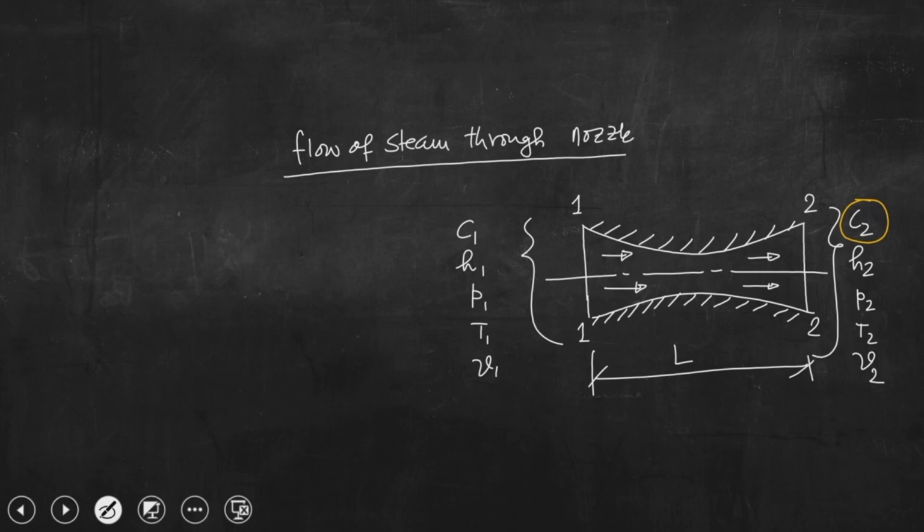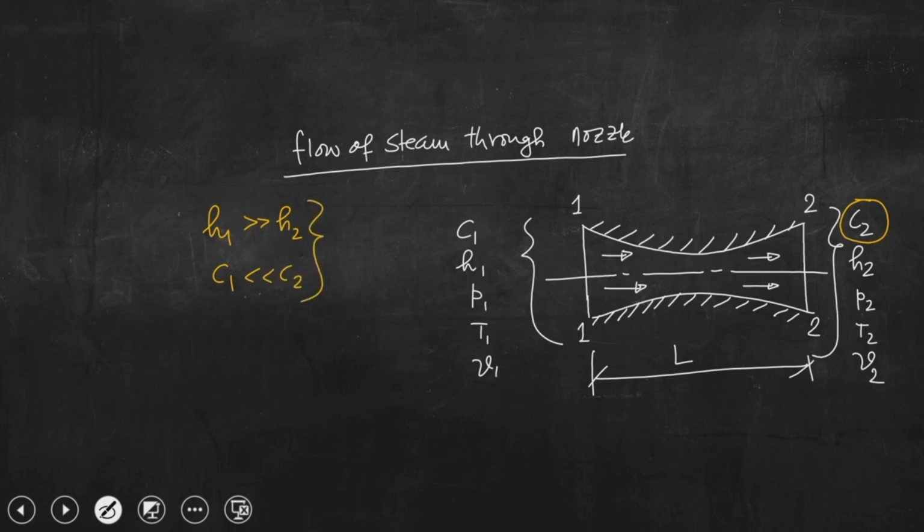So, this quantity is very important, because we still have some velocity at the inlet of the flow nozzle and we have high enthalpy as well. So, H1 is much greater than H2 and C1 is much less than C2.